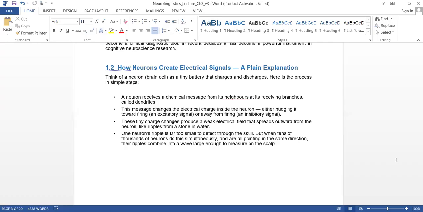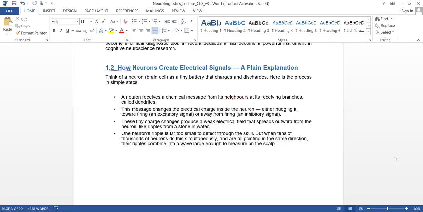The message changes the electrical charge inside the neuron, either nudging it toward firing, the excitatory signals, or away from firing, the inhibitory signals. So nudging toward firing means that they push the message across, right? And sometimes they do not push the message across, and when they don't, that means this is an inhibitory signal, right?